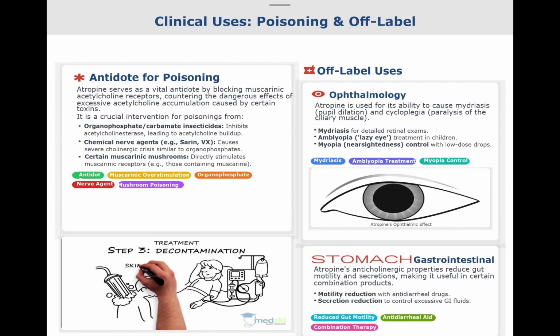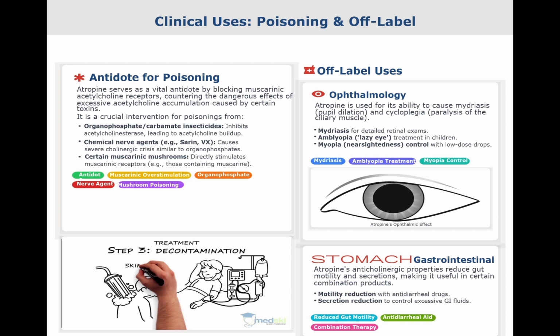Beyond its acute cardiac and perioperative roles, atropine serves as a life-saving antidote for specific toxic exposures. It's the primary pharmacological treatment for poisoning caused by organophosphate or carbamate insecticides, as well as chemical nerve agents like sarin or VX.